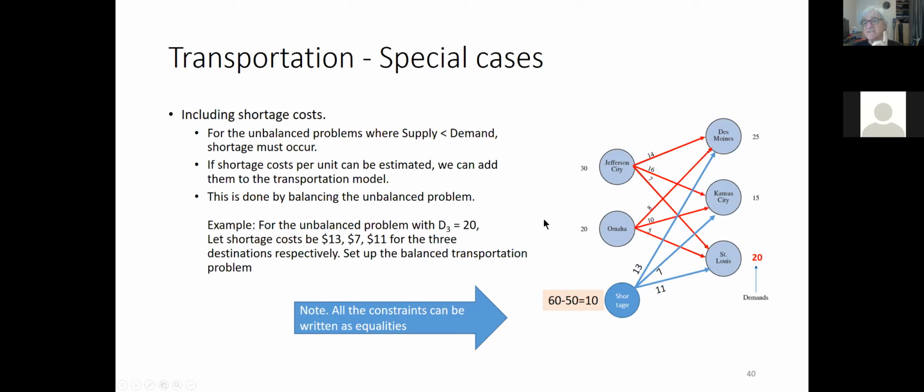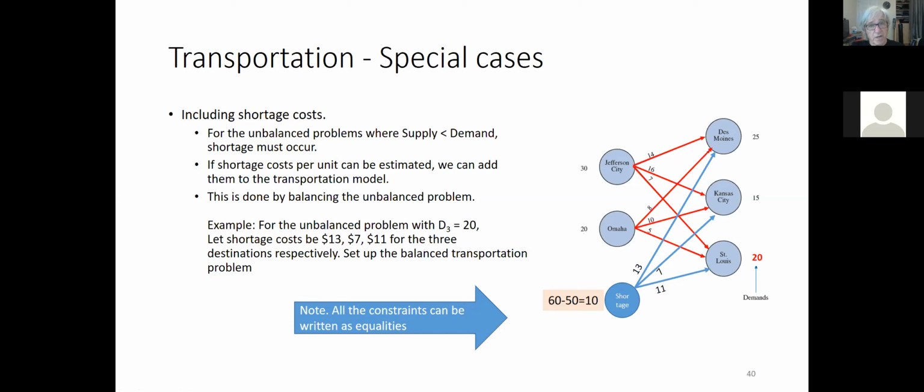If shortage cost cannot be evaluated, it means that you cannot include those costs in your model. So those costs will be considered 0, 0, 0, and 0, and go ahead and solve the problem again. Now, it doesn't matter what the shortage is because they're worth the same.